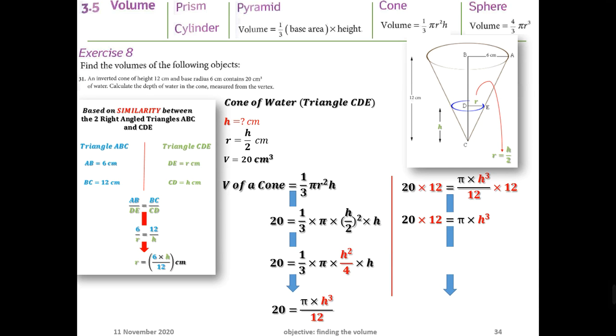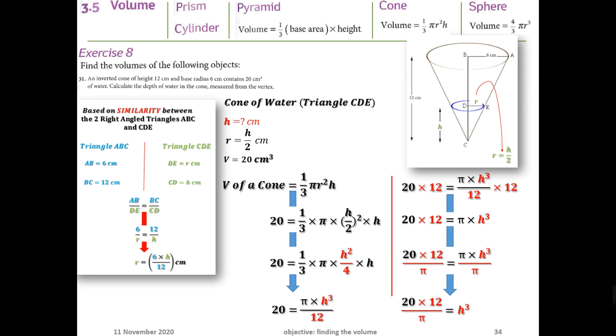And remember, we're finding h, so we're going to divide all by pi as following. Don't use the calculator, not yet. Always try to show as many of your steps as you can and leave the use of the calculator until the very end. Remember, we're not finding h cubed, we're finding h.